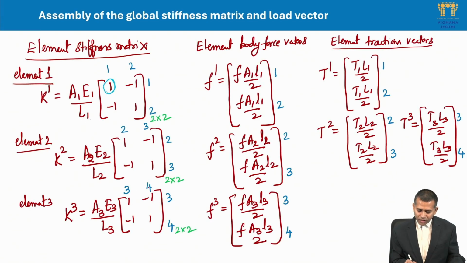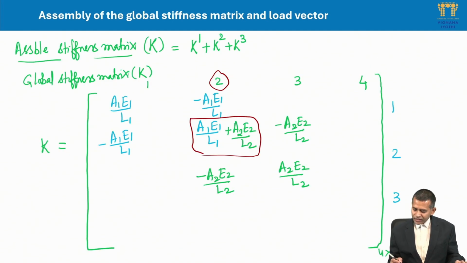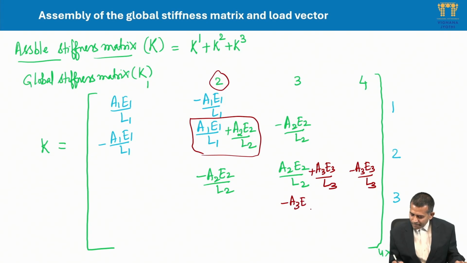Same, let's write out element 3. Those are at third column and fourth column and third row and fourth row. If I write it here, I will get this expression as A3 E3 by L3, minus A3 E3 by L3, and again here minus A3 E3 by L3 and A3 E3 by L3.